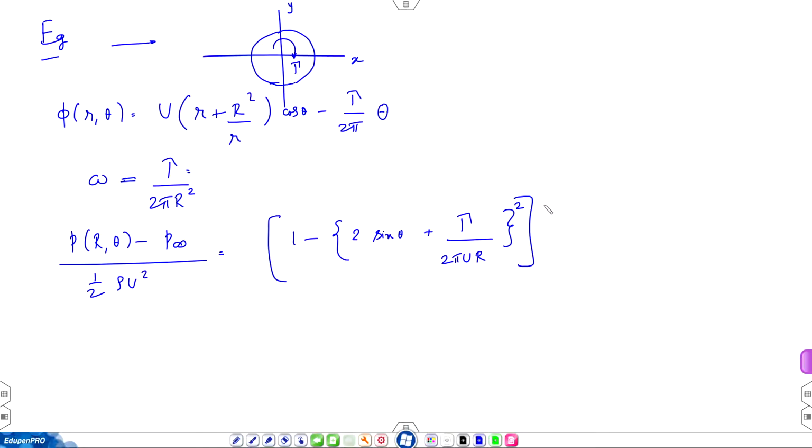This is the pressure variation over the circular cylinder, and if you carry out using the same formulas we wrote last time, X continues to be 0, but Y is rho U gamma.